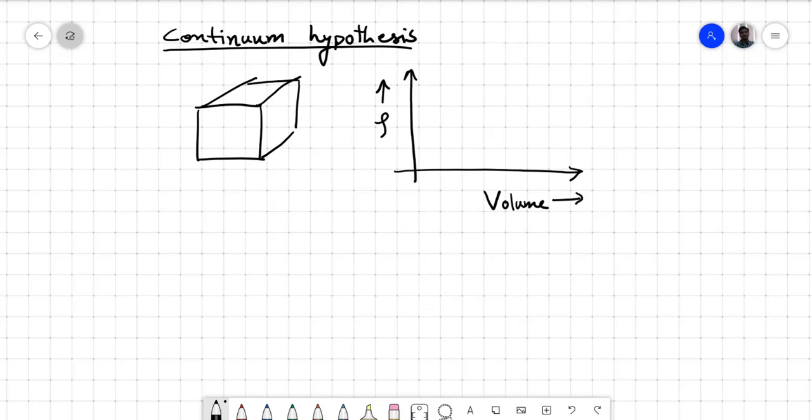At large volumes, we'll see that as we decrease the volume, the density remains constant. But at very low volumes, it can happen that if it is a fluid, then some fluid particles are coming in, some are going out, and so on. So the density will keep on fluctuating. For the same volume, there can be several values of density. This fluctuation will increase as we decrease the volume of this box. So we'll see something like this at low volumes.